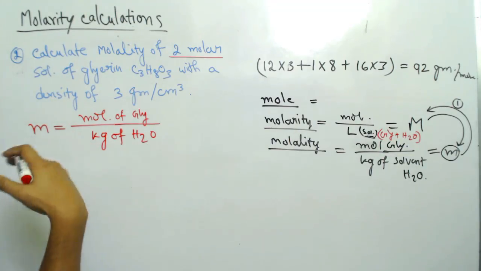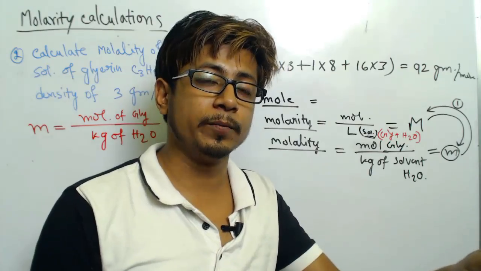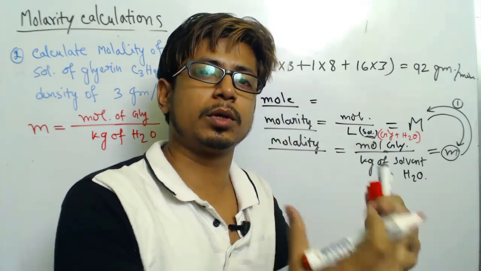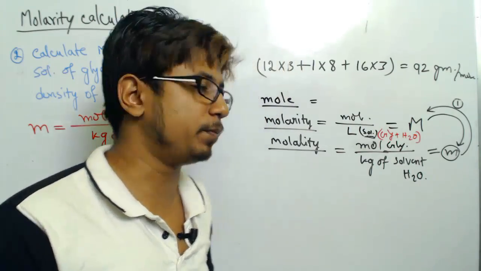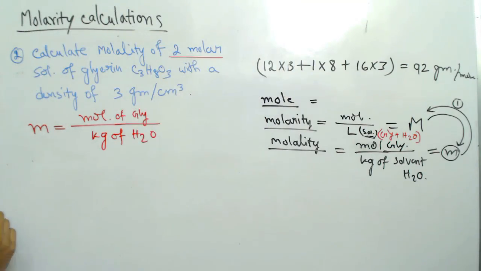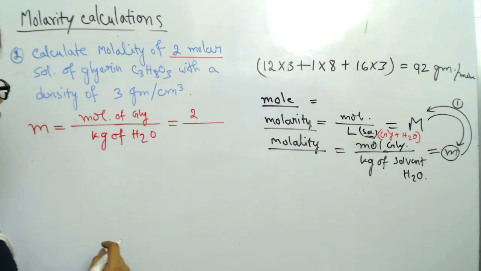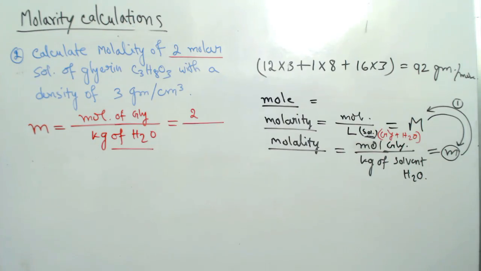So this is the biggest challenge of this conversion from molarity to molality, to exclude the amount of solute out from the total solution. That's what is very, very important and unique that we need to perform. So let's look at here. Mole of glycerin is already told, 2. So we need to find out the kilogram of water utilized.